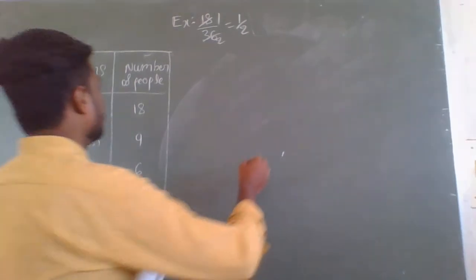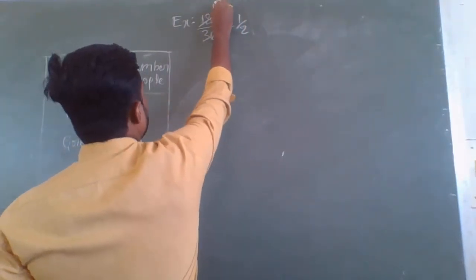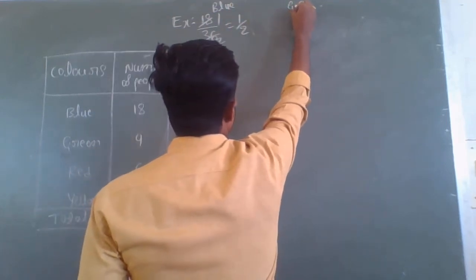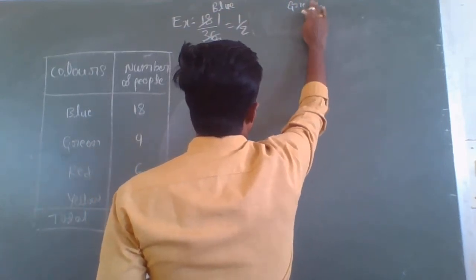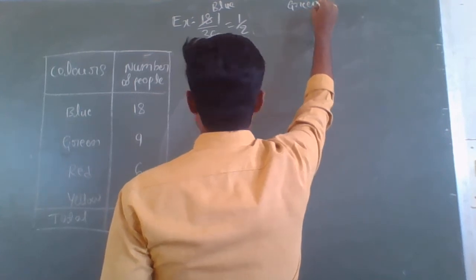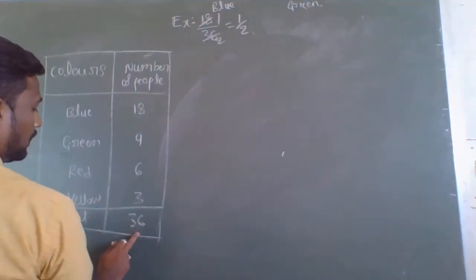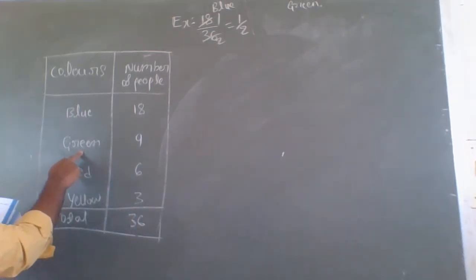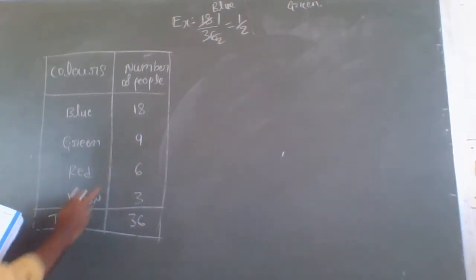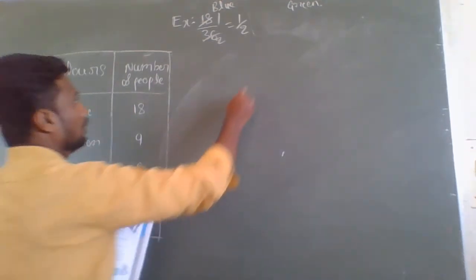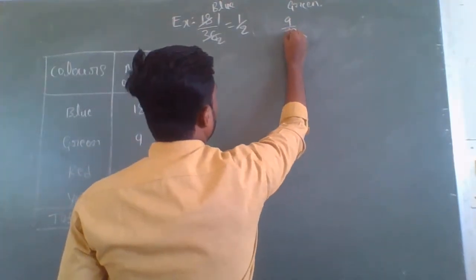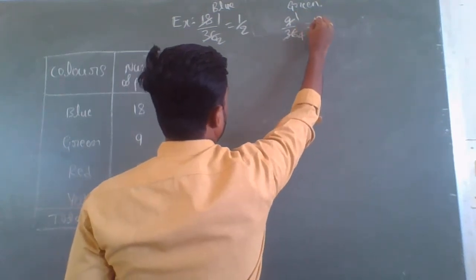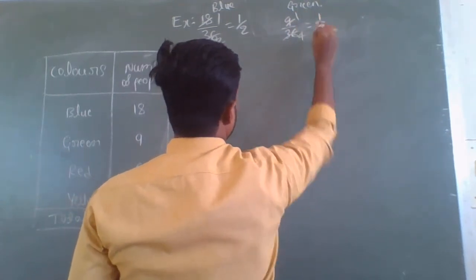Therefore for green it is 9 by 36. 9 on the 9 is 1, 9 on the 36 is 4, so it is equal to 1 by 4.